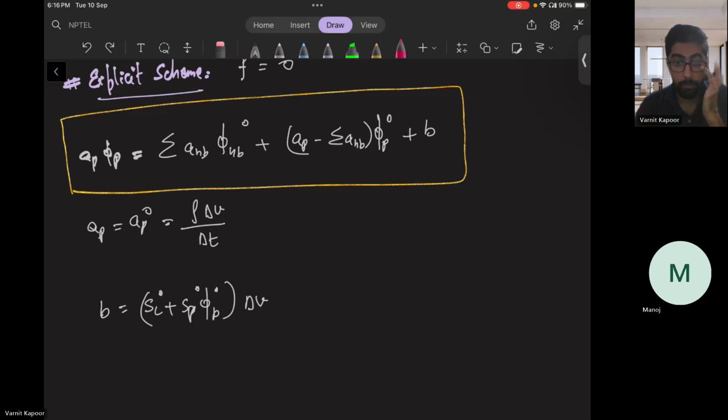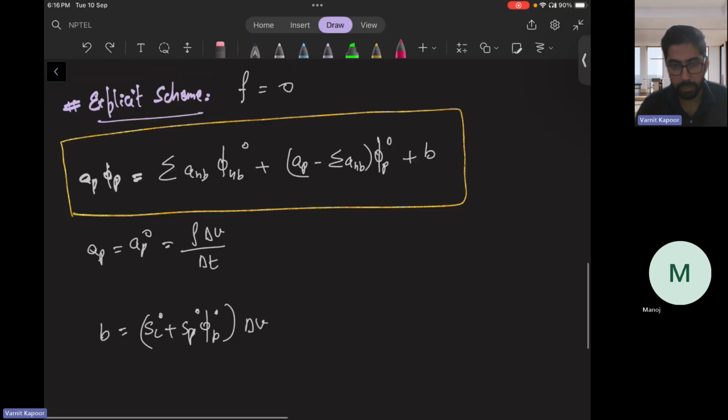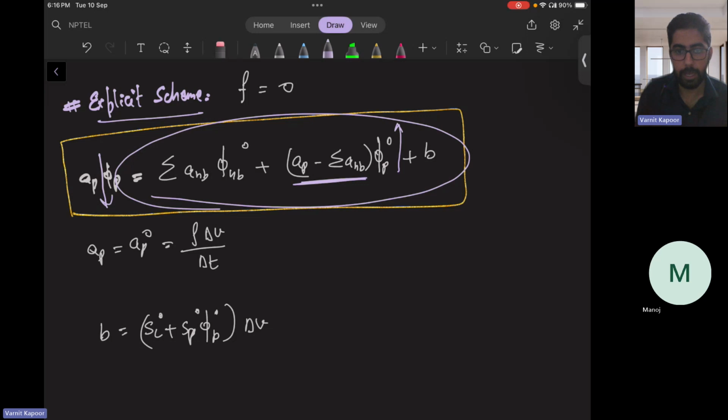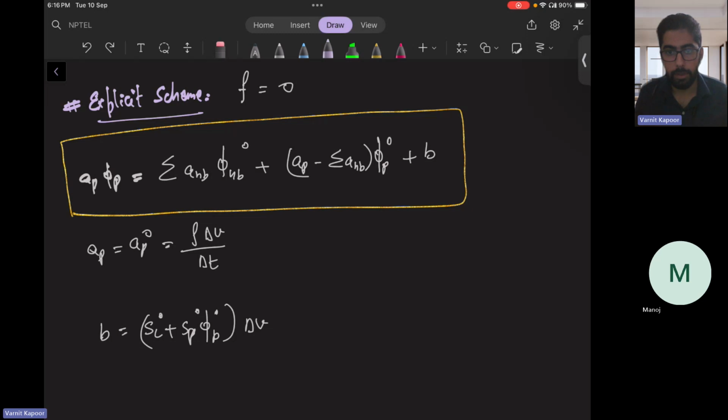If you observe this equation highlighted in orange, delta t cannot be any arbitrary value. One thing is that this coefficient should always be positive. If the coefficient is negative, then as the previous time step phi p value increases, this whole value decreases, and because of that phi p decreases. That is not acceptable in the context of parabolic PDEs. We have seen what parabolic PDEs are.